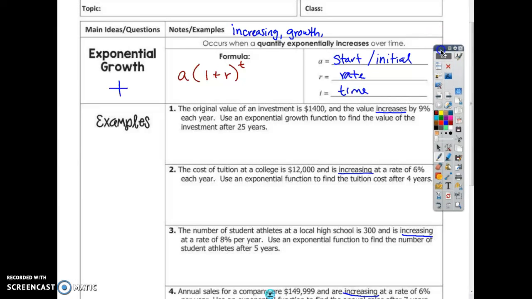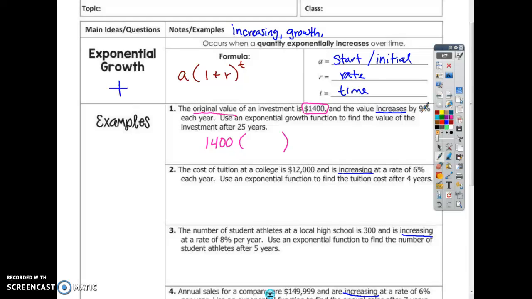So let's practice some. Problem number 1 says the original value, so that's the start, the initial value of an investment is $1,400. So in my formula, I'm going to start with $1,400. Start, write it down. And the value increased by 9%.